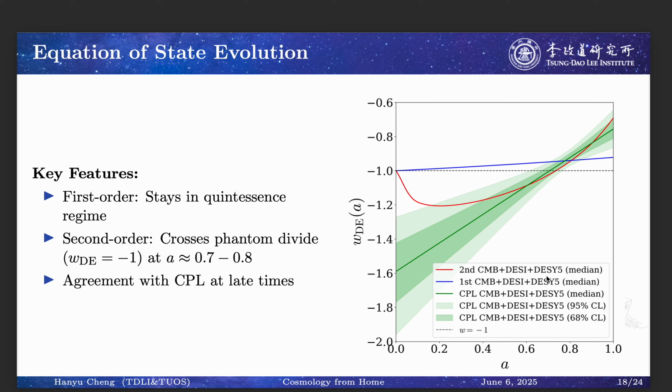This is a very interesting result because we consider a different parameterization from CPL, but we get similar results across the different datasets. This is very robust to me.